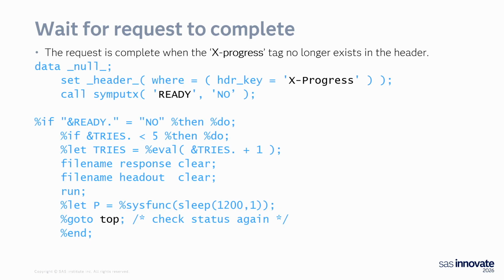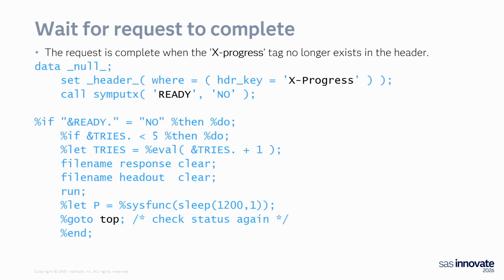The idea is that we interrogate the results of the call, and we set a macro symbol that we will then test, and if it says no, we initiate a loop in which we sleep for 1,200 seconds, which is the %let _p business.